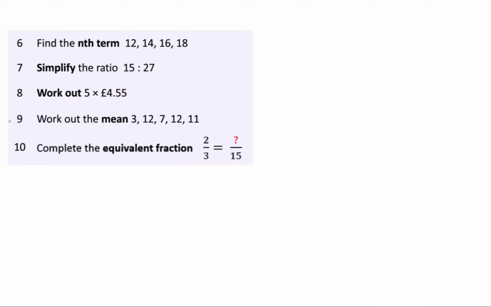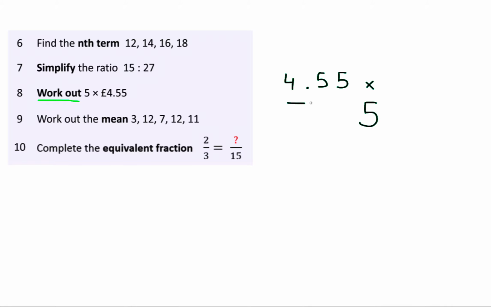Next question. It says work out 5 lots of 4.55. Perfect. We could add 4.55 5 times or just multiply them. So let's use the Napier's bones or the Chinese method. So let's write down, let's change the color. 4.55 times 5.